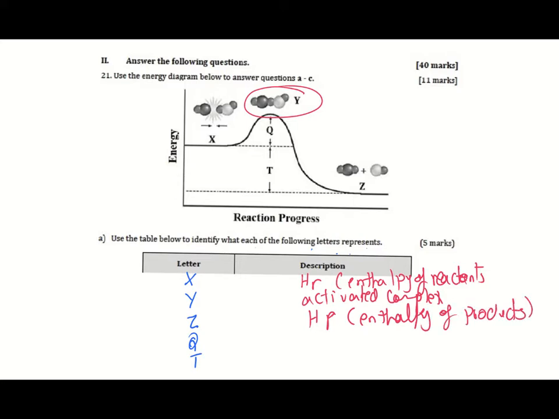Q is the activation energy. While T, the difference between reactants and products, is the enthalpy of reaction, delta H.